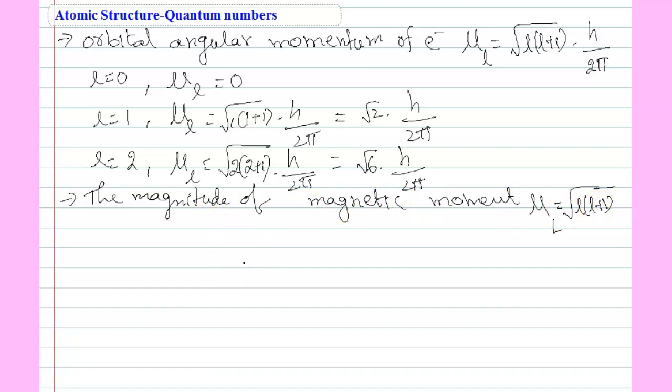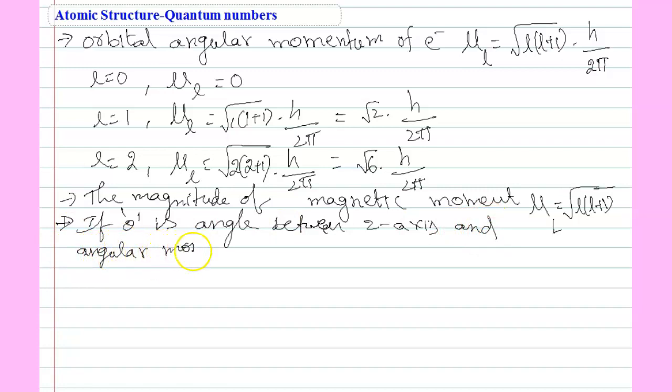Suppose if we consider spinning, then it will change. Suppose we consider the angle theta between the z-axis and the angular momentum vector, then small m equal to square root of L into L plus 1 into cos theta.